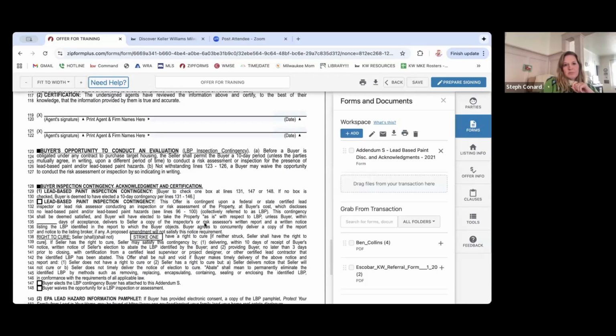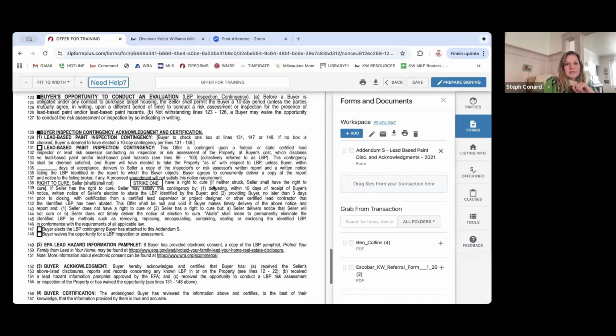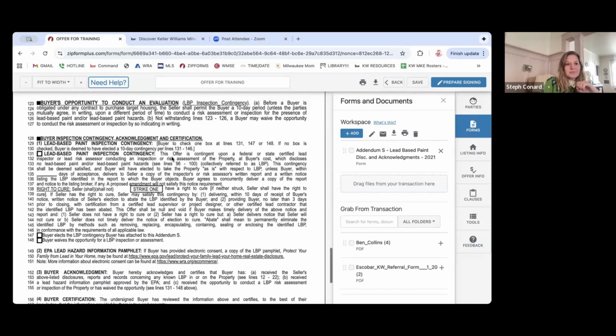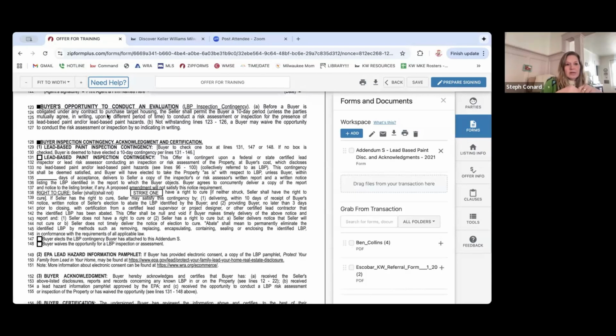And then the third piece of this disclosure is the buyer's acknowledgement and certification and their option to include a lead-based paint contingency, lead-based paint test contingency. So it describes above on line 123 to 127 that the buyer has an opportunity to conduct an evaluation.